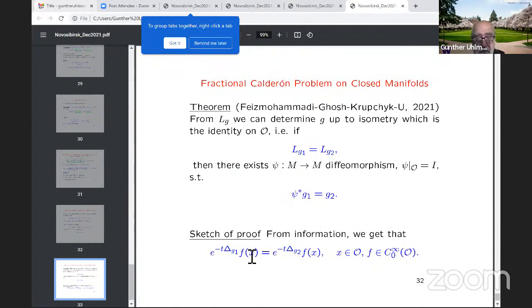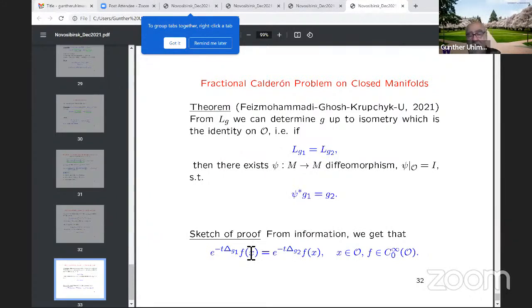And the idea of the proof is to show that, I'm not going to go through the proof in general, but you can get the heat equation. So you can get one extra variable on the open set. This is partial data for the heat equation on the open set. Once you have that, it's known that you can recover the metric up to a change of variables.